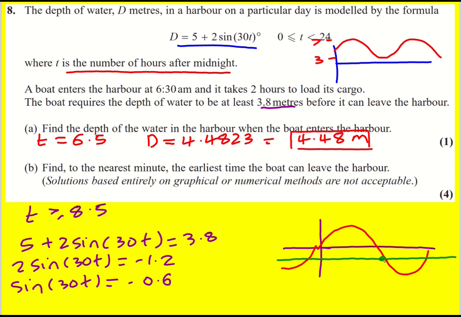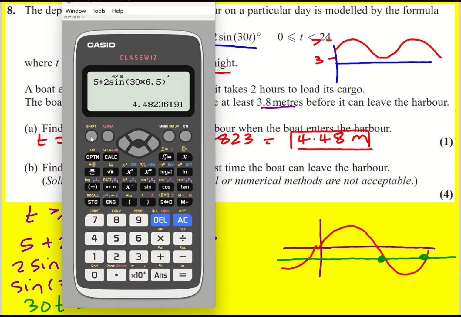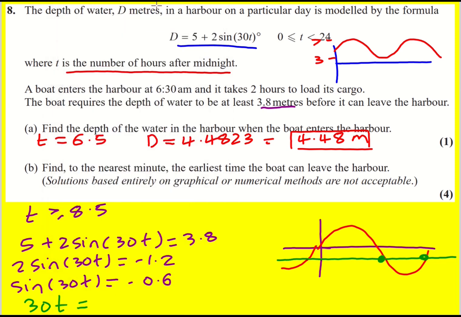I'm going to draw a little sketch of the sine graph. Okay, so let's try and find this solution here, maybe this one as well. We can do inverse sine of minus 0.6, which gives minus 36.869.